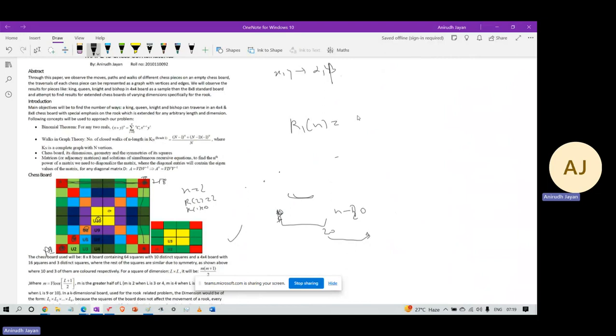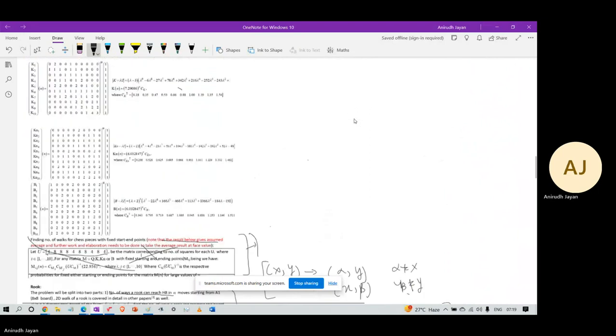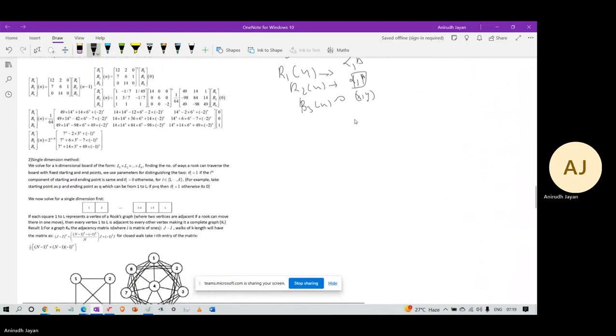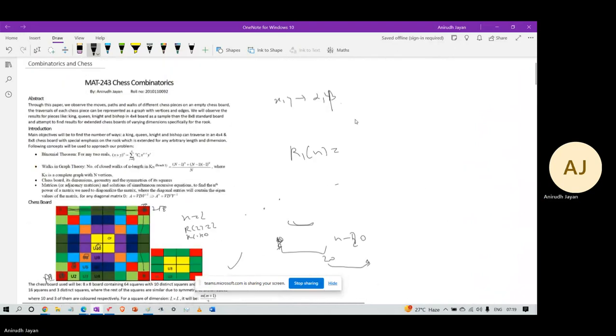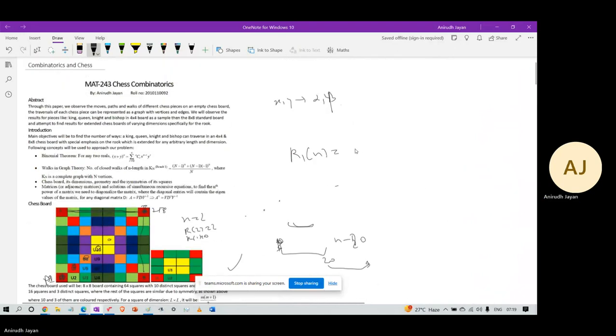Now R1 of n from A1 to H8 is simply nothing but two times R2 of n minus 1 plus 12 times R1 of n minus 1.